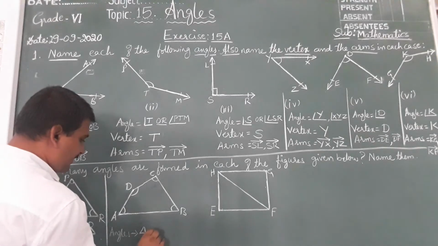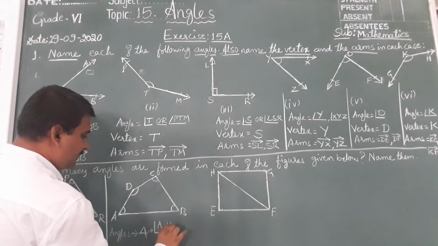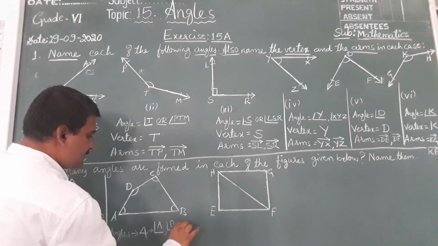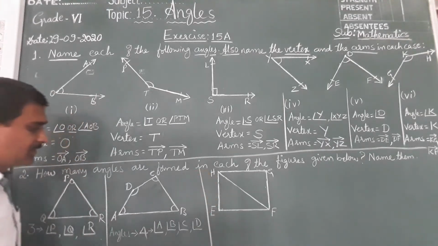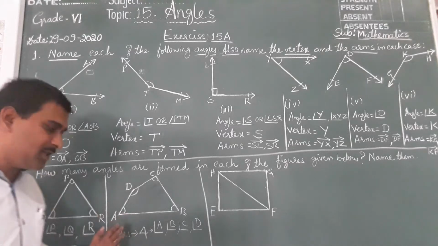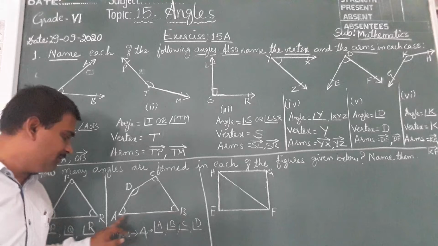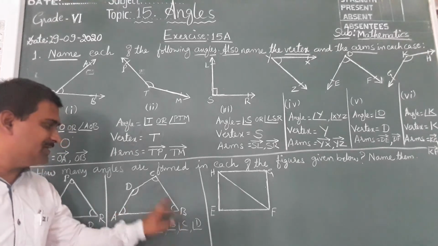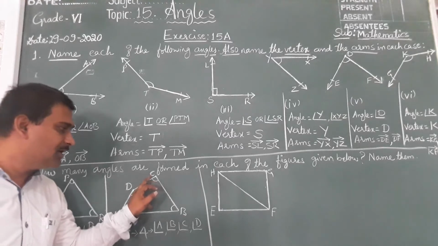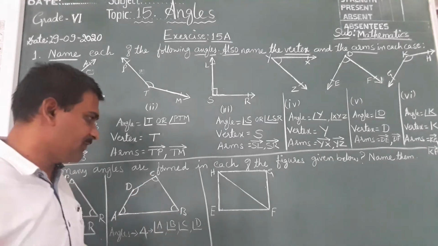Let us name them: angle A, angle B, angle C and angle D. If you want to write it in another form, angle A can be written as DAB or BAD. Angle B can be written as ABC or angle CBA. You can use that method also.